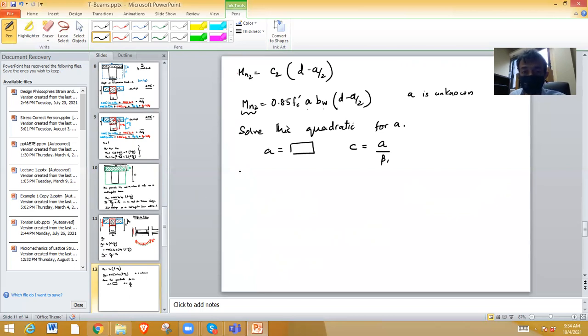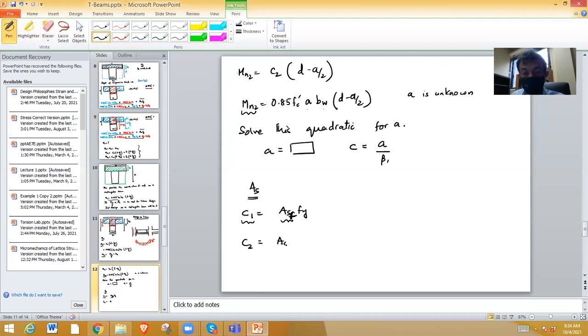Now what do you do? You will calculate As. How to calculate As? First equate C1 to Asf Fy. We already know what C1 is, right? So find Asf. Then take C2.